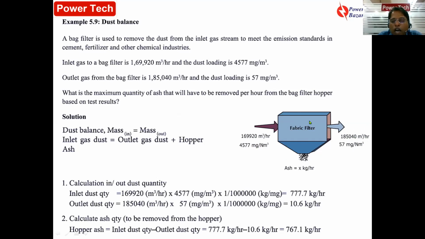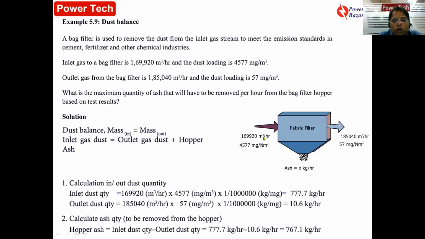Now this dust accumulated is collected in the form of ash. So we have to find out the ash quantity. For the dust balance, mass in is equal to mass out. That means inlet gas dust is equal to outlet gas dust plus hopper ash. Now the inlet dust quantity will be how much?